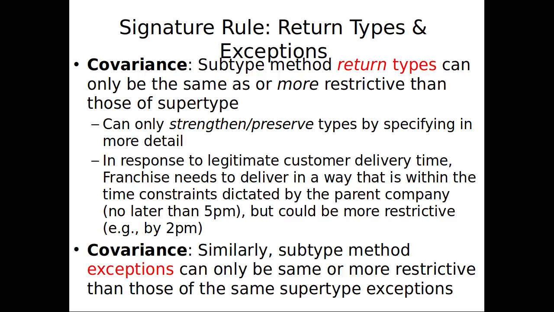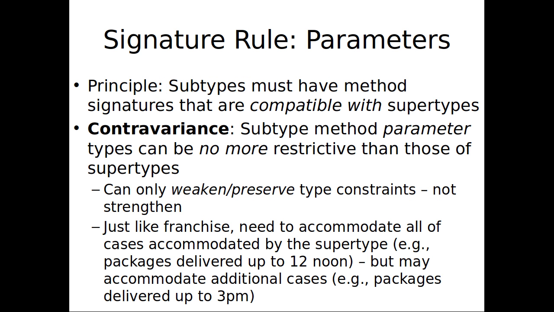So, ladies and gentlemen, I want to highlight the fact that subtype methods can return types that are the same or more restrictive than those of the supertype. That's called covariance. But there's contravariance.